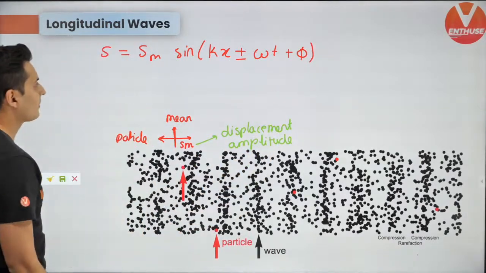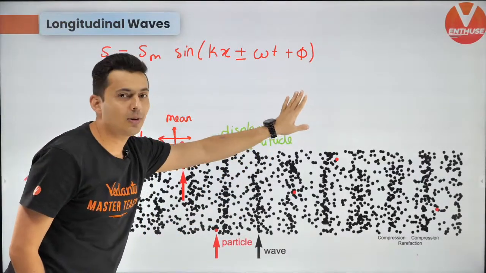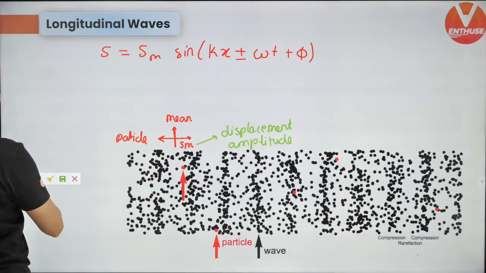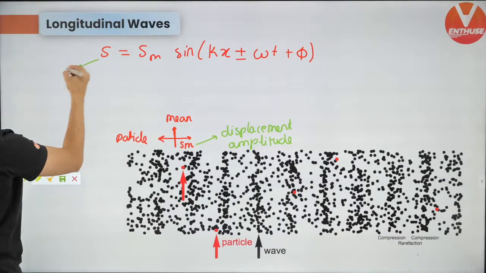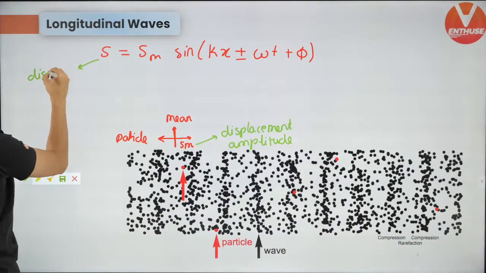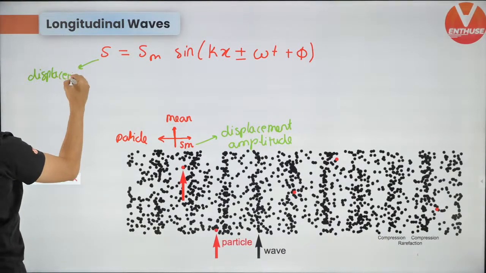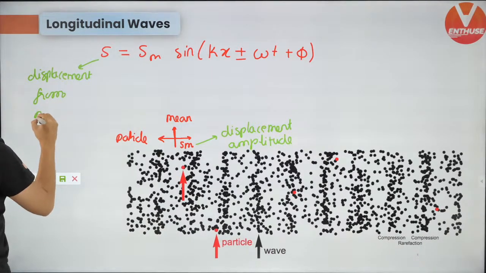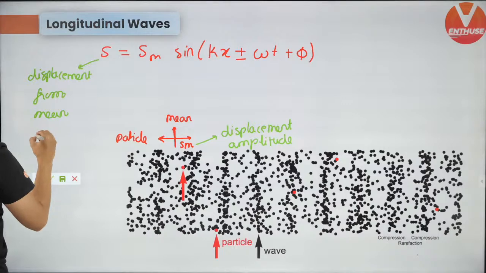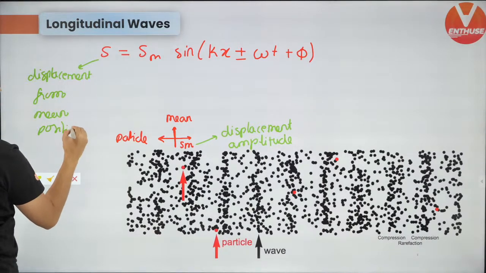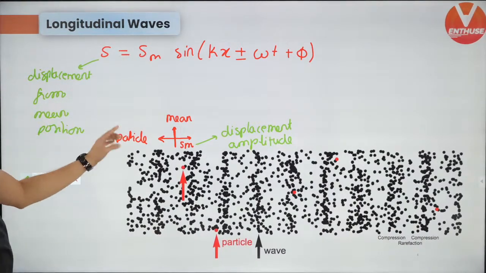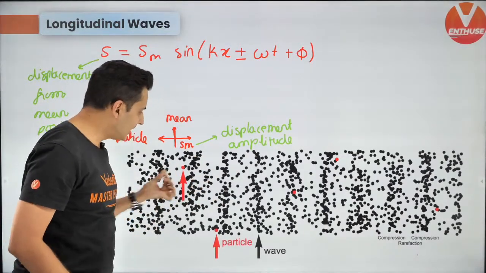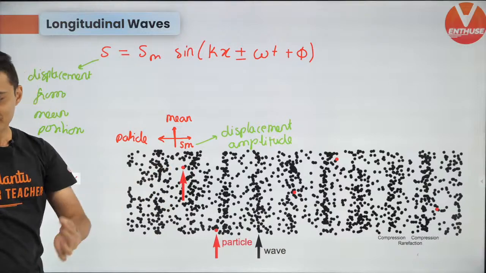Keep this in mind. That's the only change that will be there. So sm is your displacement amplitude. What is s then? s is the displacement from the mean position. Very important. s is the displacement at some instant from the mean position, because the particle is continuously going back and forth.